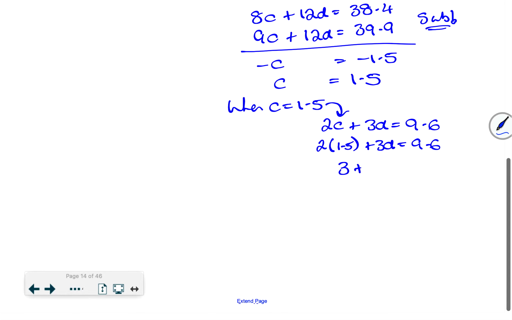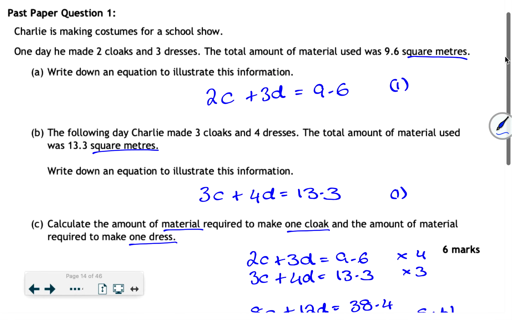So it's 3 plus 3D is equal to 9.6. So 3D is equal to 6.6. Divide by 3, so D has to be 2.2. So we know that C is 1.5 and D is 2.2.